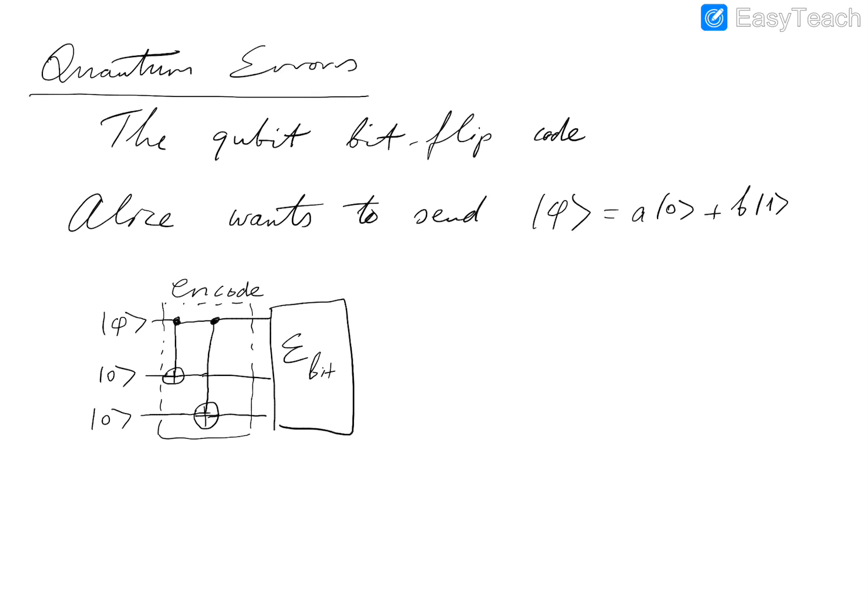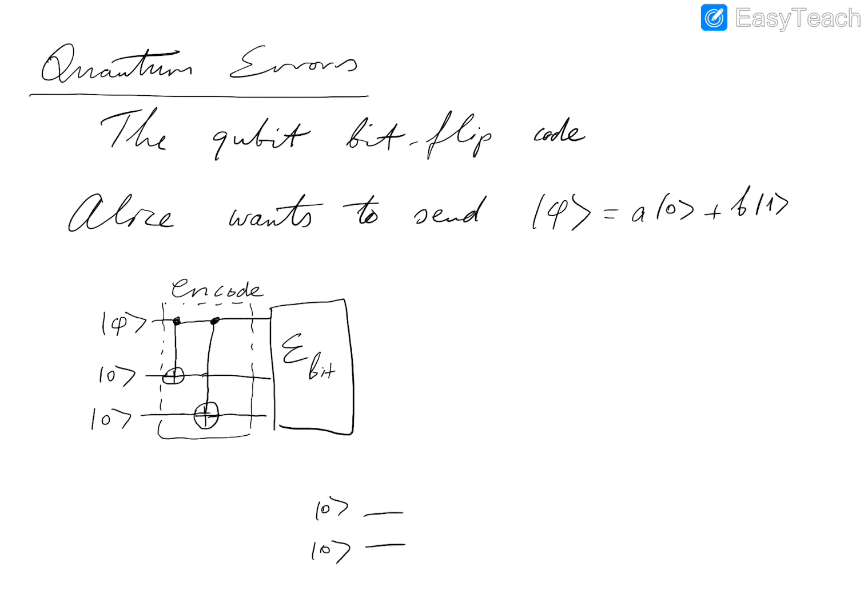But he also likes to know which qubits were subject to the error, that is, which qubits got corrupted during the transmission. So for this, he's going to prepare two auxiliary qubits set to 0 initially.